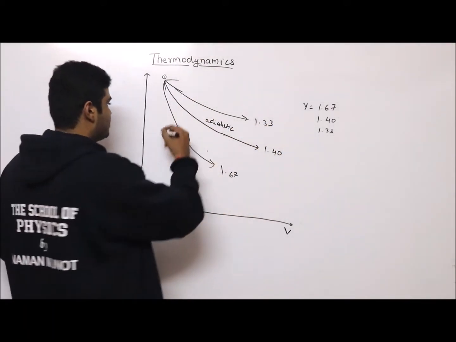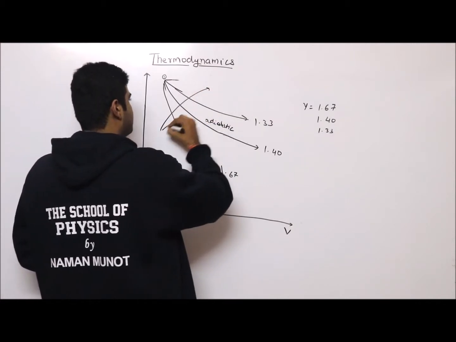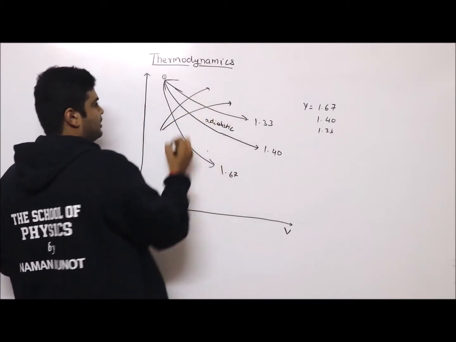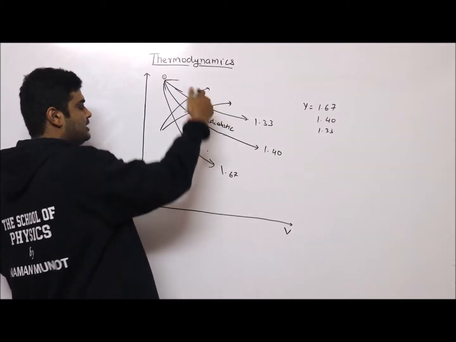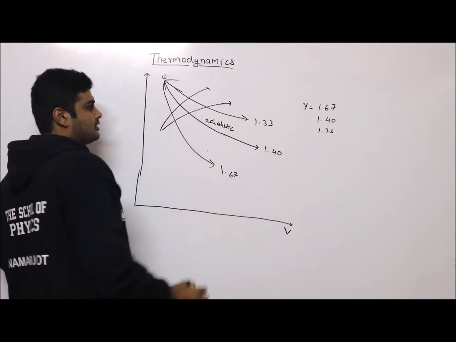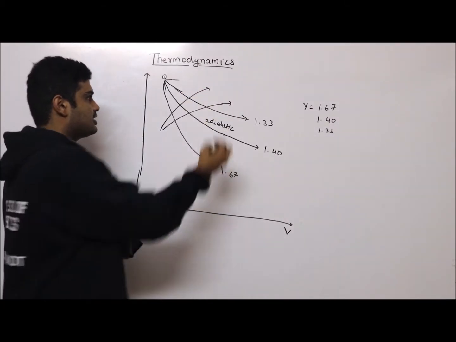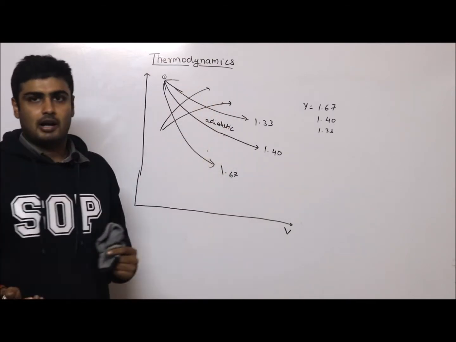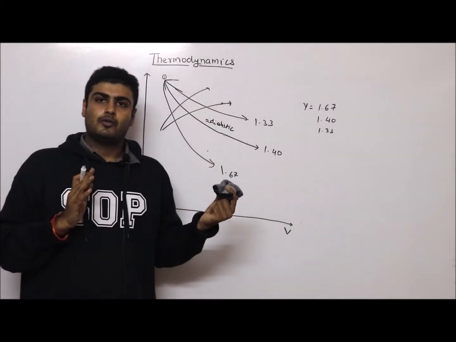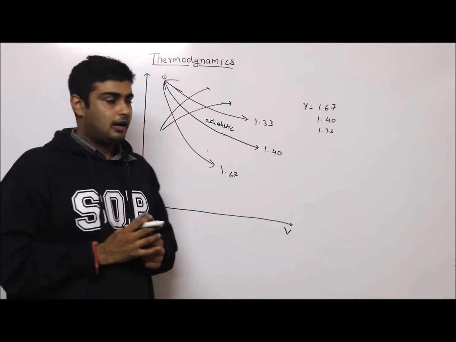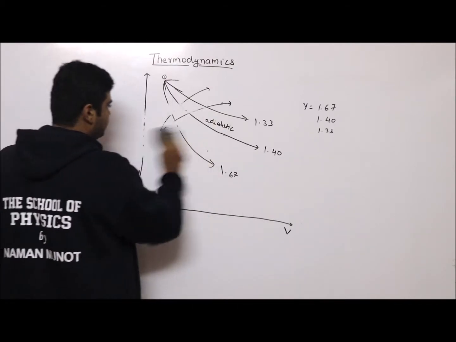Suppose this is an adiabatic and this is an adiabatic. Which one has the highest gamma? Going clockwise, we go towards higher gamma, so this gamma will be greater than this gamma. Okay, so this concept is done.